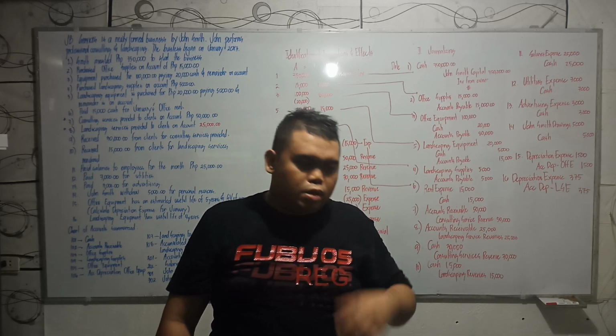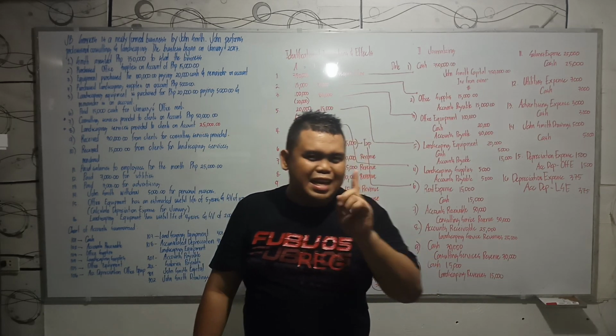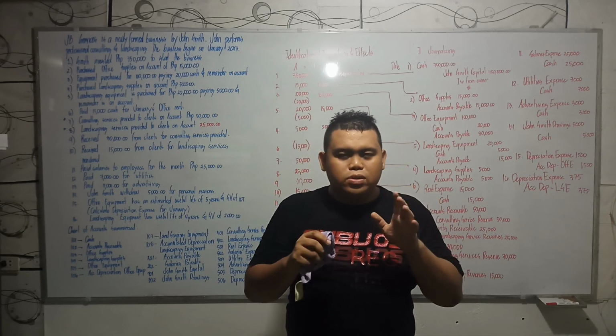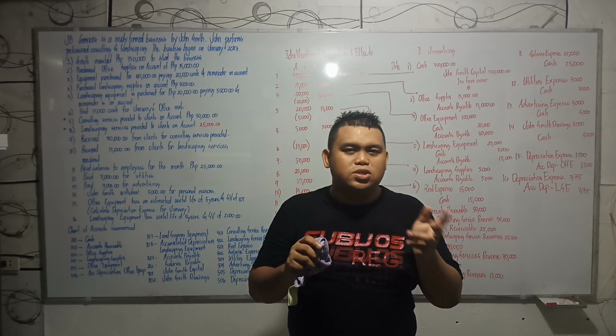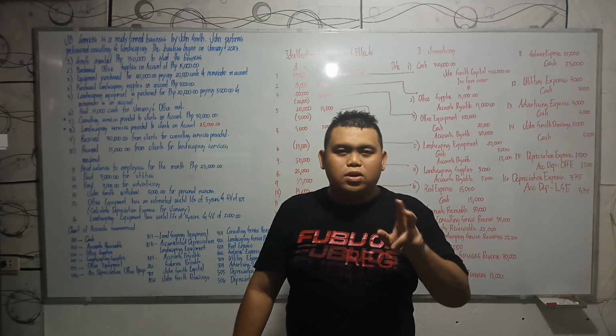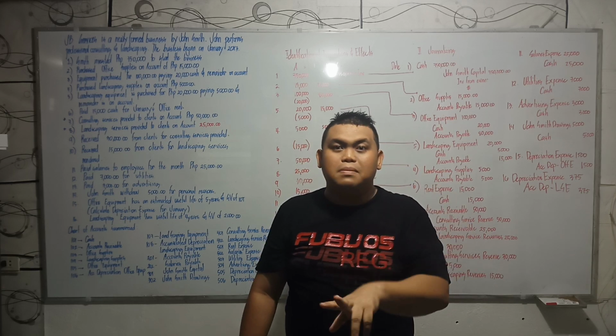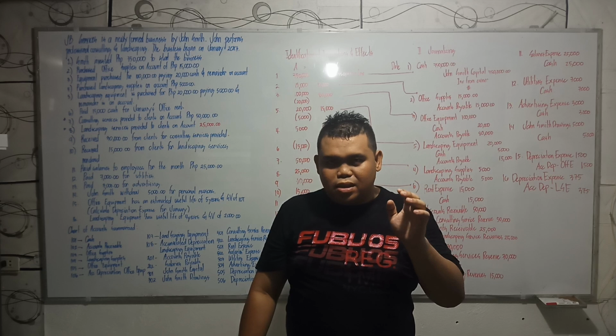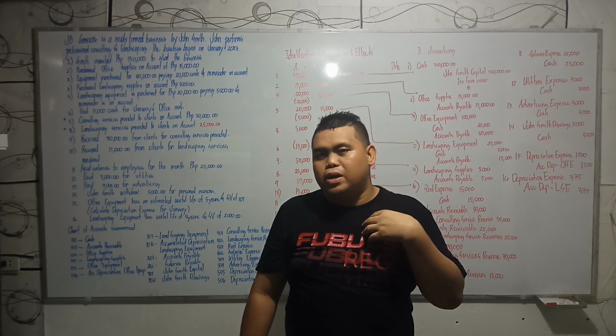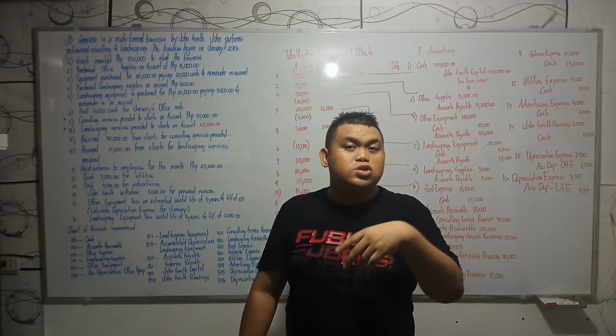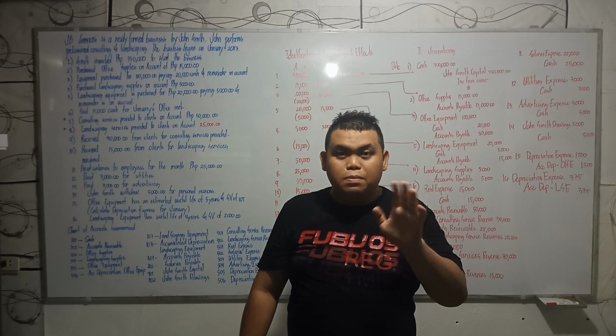Let me give you a last hint. How are you going to recognize if some transactions are to be adjusted? The clue terms are late payment and advance payment. If you can see that there is a late payment, maybe on your part or maybe on the customer's part, there will be an adjustment.